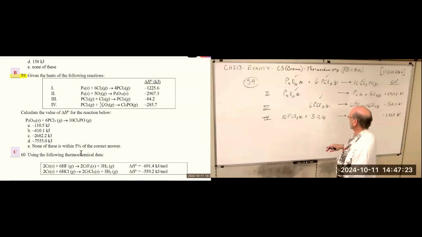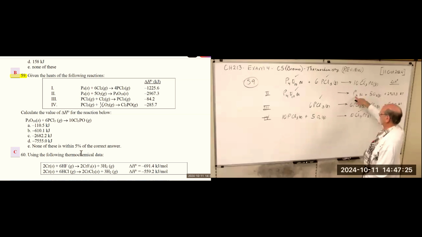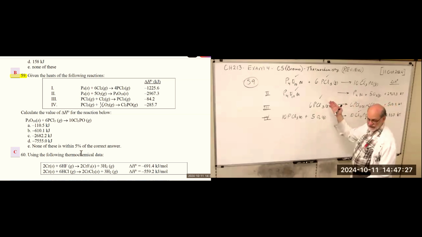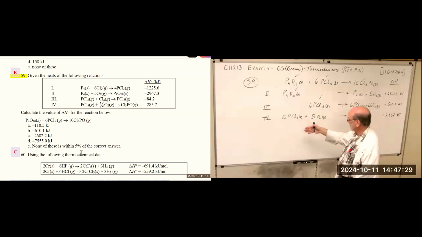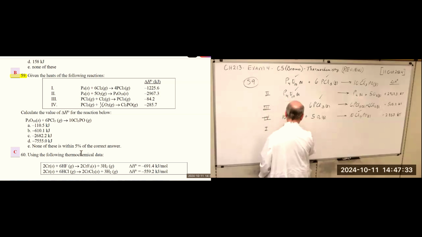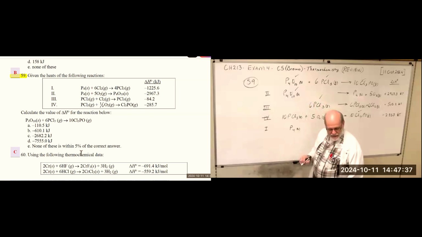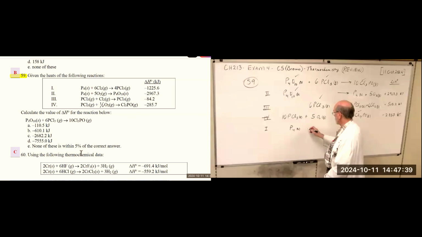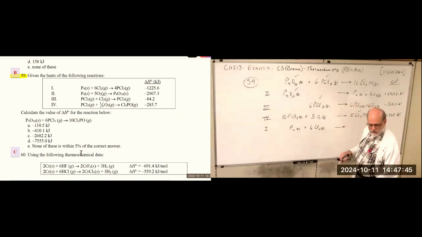1 has a P4 solid. There it is. So if we put it like it is on this side, P4 solid and 6Cl2, and 4 PCl3 gas.